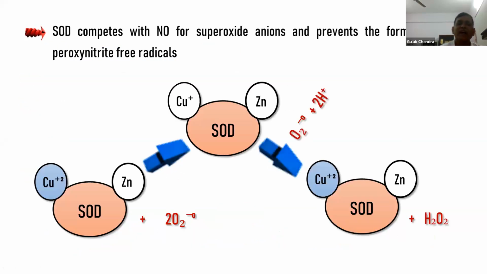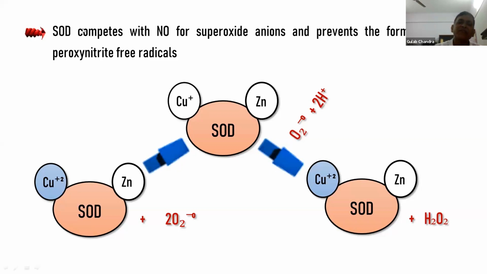Superoxide dismutase always competes with nitric oxide for the superoxide anion, preventing the formation of peroxynitrite, because nitric oxide is responsible for the formation of free radicals, the derived reactive nitrogen species.